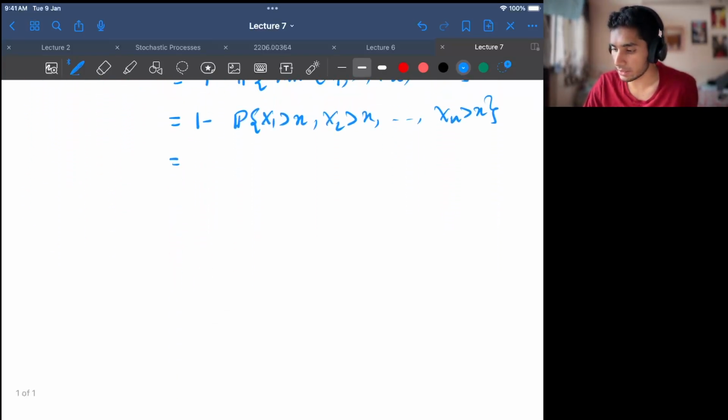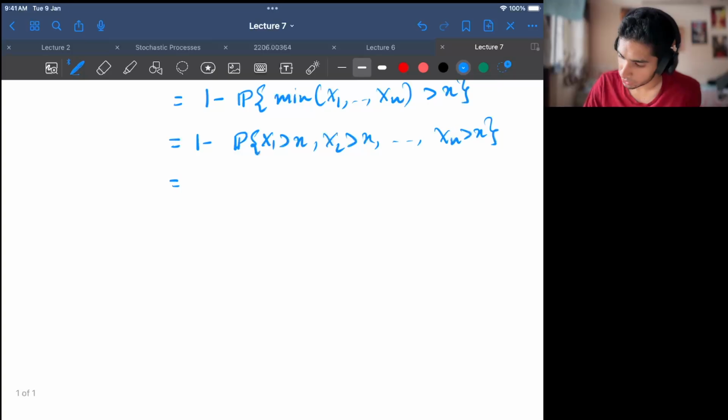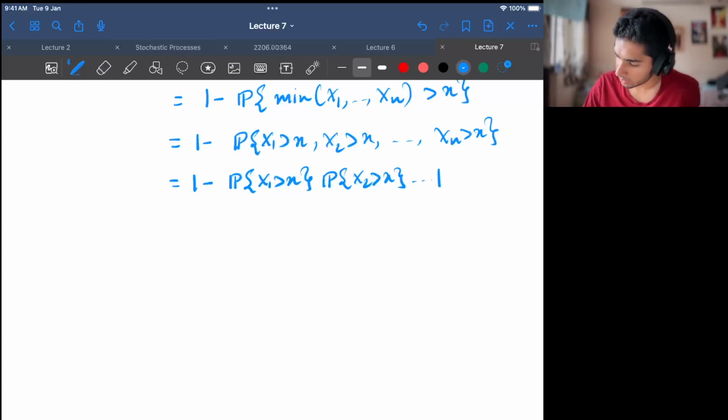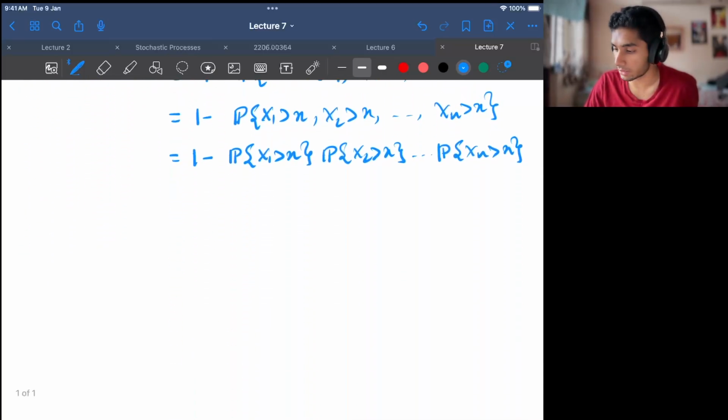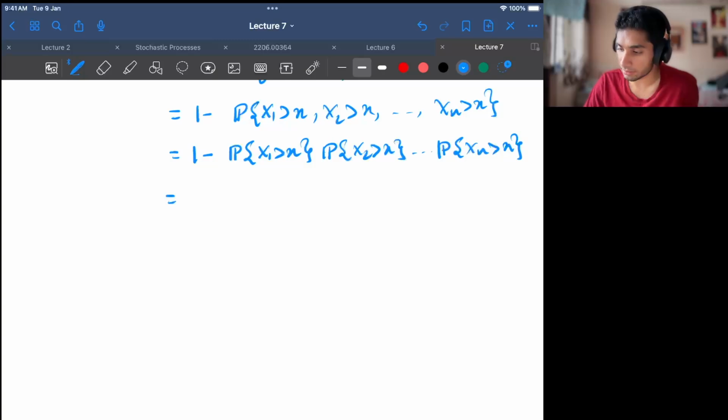Since they are independent, this probability can be written as the product of the probabilities of each one of them, the probability of x2 greater than x, until the probability of xn greater than x. Now we know that each of them is exponentially distributed, and for an exponential random variable this probability is e raised to minus beta x.